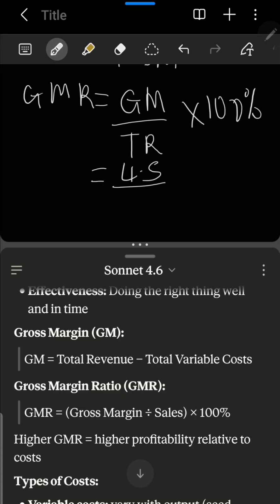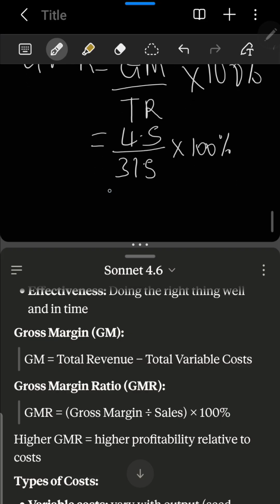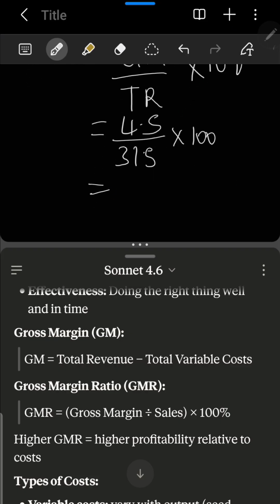So in this case, it was 4.5 and 31.5. So when we get 4.5 divided by 31.5, we times 100, we get 14.29%. So this business was making a gross profit of 14.29%.